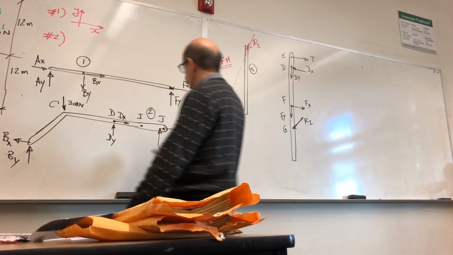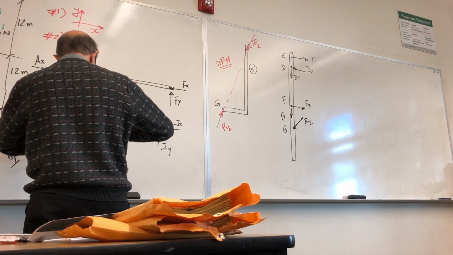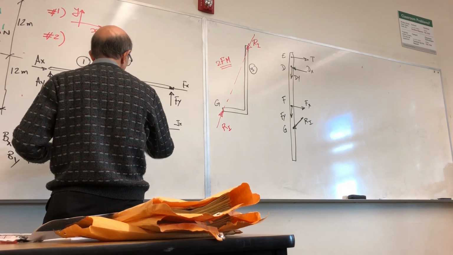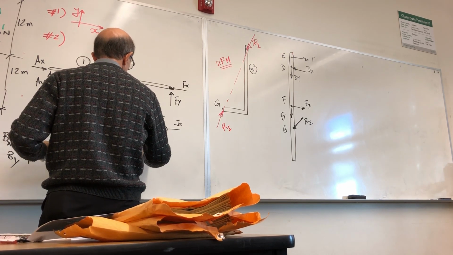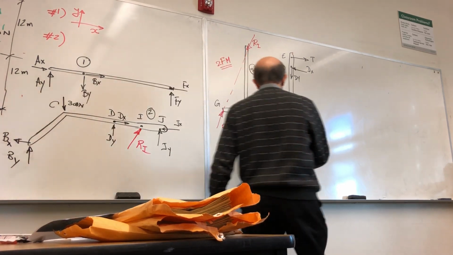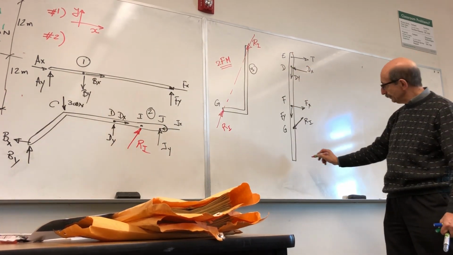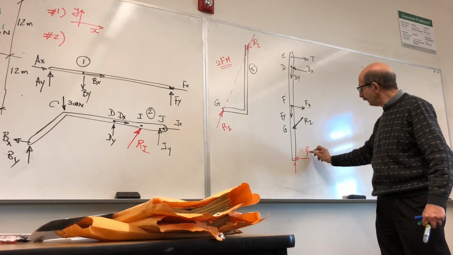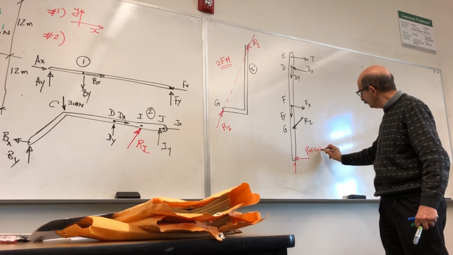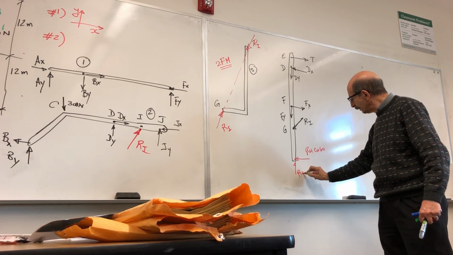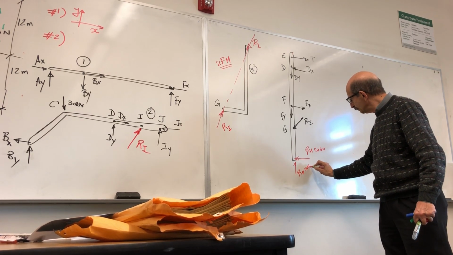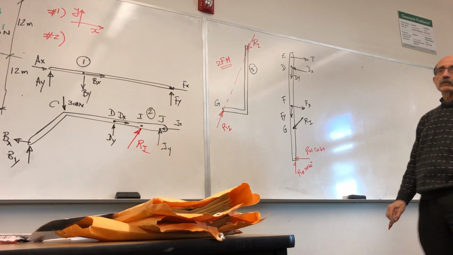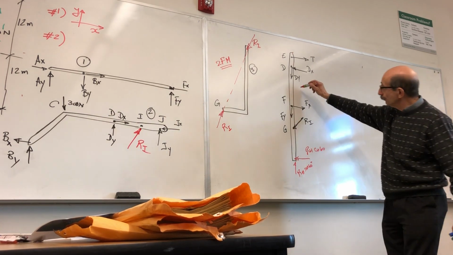And obviously, here, which I did not put, it is also like this. And how about here? Here you have RH cosine 60 and RH sine 60. Okay? So that is member number 4.